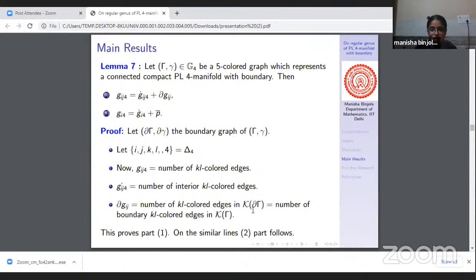K of boundary gamma is a simplicial cell complex with respect to this graph del gamma. As we have constructed del gamma, it is equal to the number of boundary edges. So this is equal to the number of interior edges. This equals the number of boundary edges, and its sum equals the number of total edges. So we have this proof, and on a similar basis, we can prove this second one also.